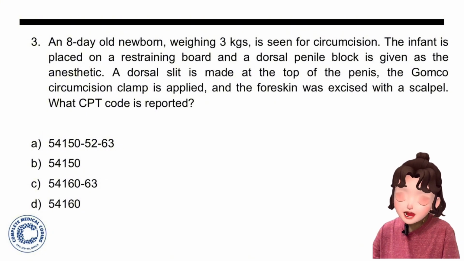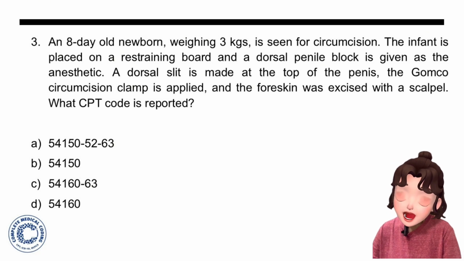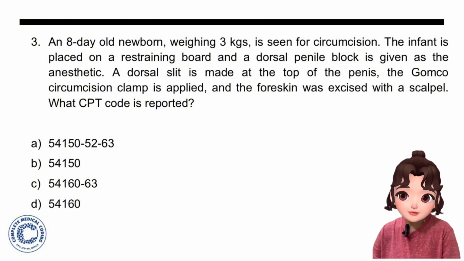54150: circumcision using clamp or other device with regional dorsal penile or ring block. And down in brackets it is mentioned, do not report modifier 63 in conjunction with 54150.